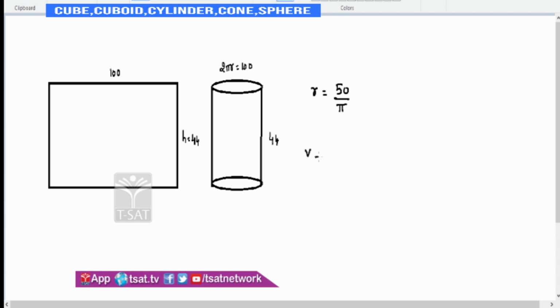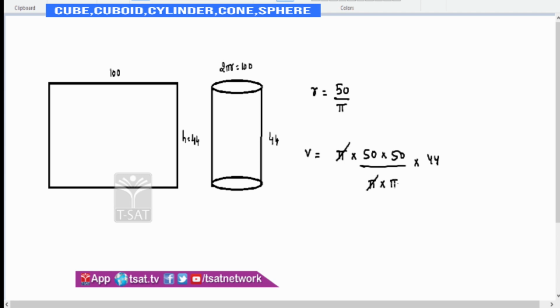Volume is equal to pi r square, which is 50 into 50 by pi square, into 44. Pi cancels.